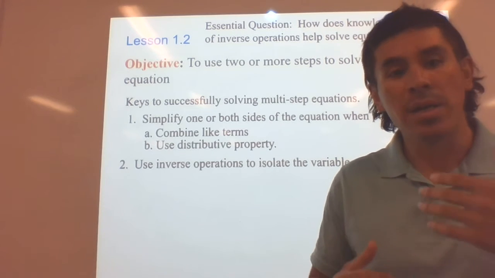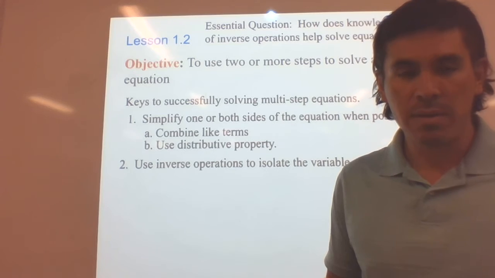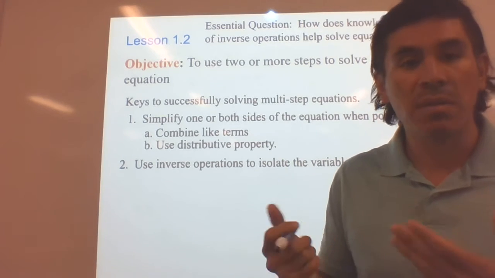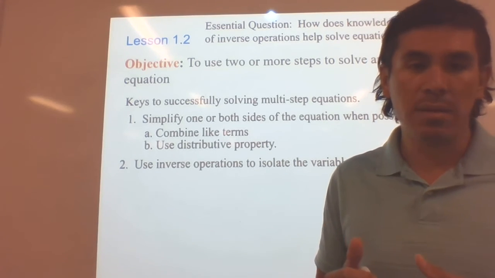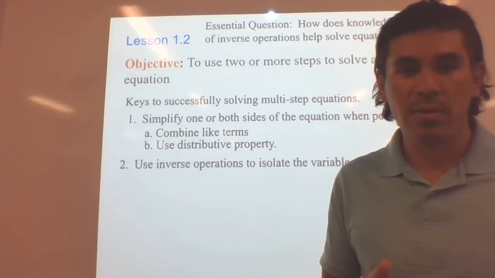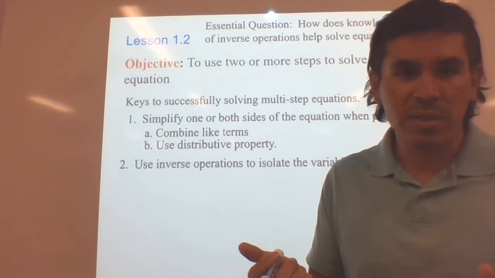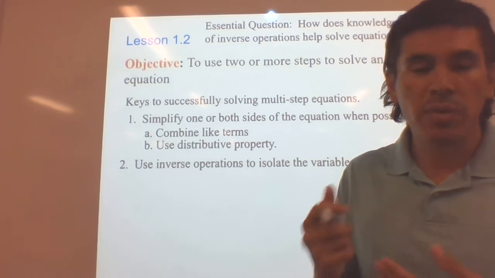It's an operation that undoes a mathematical operation. So if you have an addition property, which is adding a number, what's the inverse of that? What's the opposite of adding? It's subtraction. If you're multiplying, what's the inverse? The inverse of multiplying is dividing. So that's what inverse means.